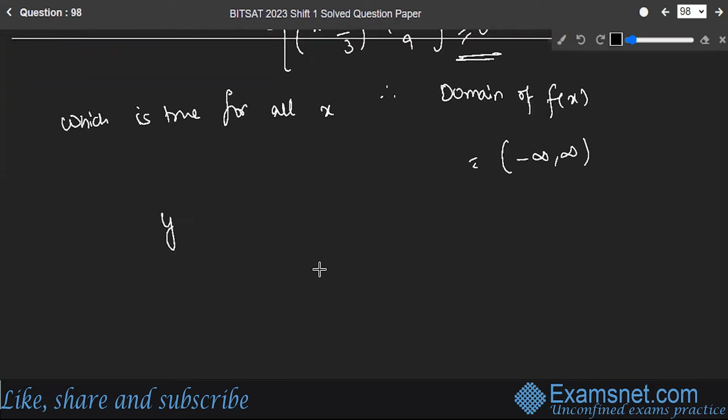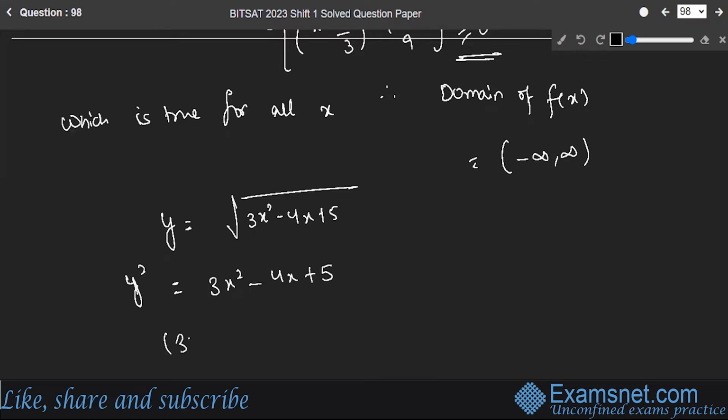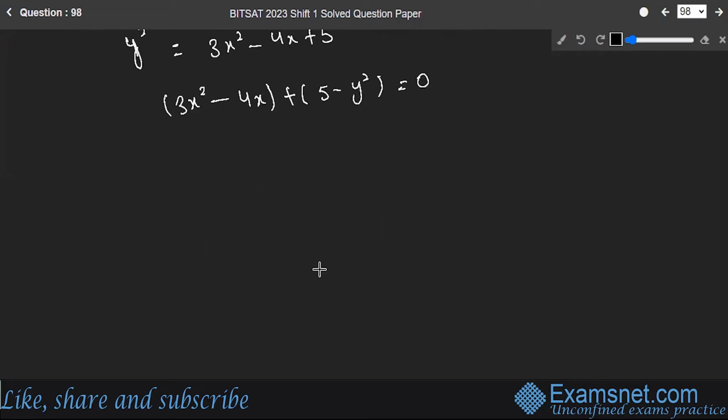Now the range, that is y is equal to root of 3x square minus 4x plus 5. That gives you y square is equal to 3x square minus 4x plus 5. Or you will have 3x square minus 4x plus 5 minus y square is equal to 0. For x to be real, the discriminant should be greater than or equal to 0.